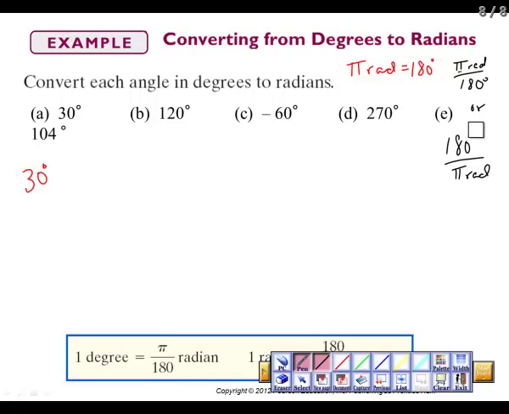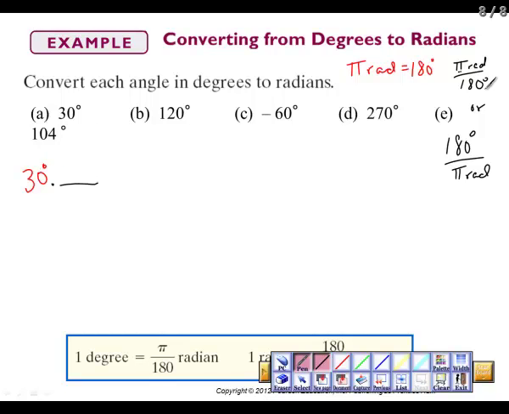If it doesn't have the degree symbol, then it's in radians. These are all in degrees, so we're converting from degrees to radians. We need to know what will cancel the degree units out.